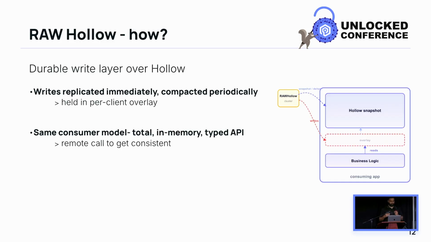How it works is writes go to a small raw Hollow cluster, which replicates them to clients immediately and compacts them into snapshots periodically. While compaction is in flight, recent writes are held per client in an overlay, so reads are still in memory against a base Hollow snapshot plus a small overlay. If you need stronger consistent reads, you make a remote call to the raw Hollow cluster to get consistency.